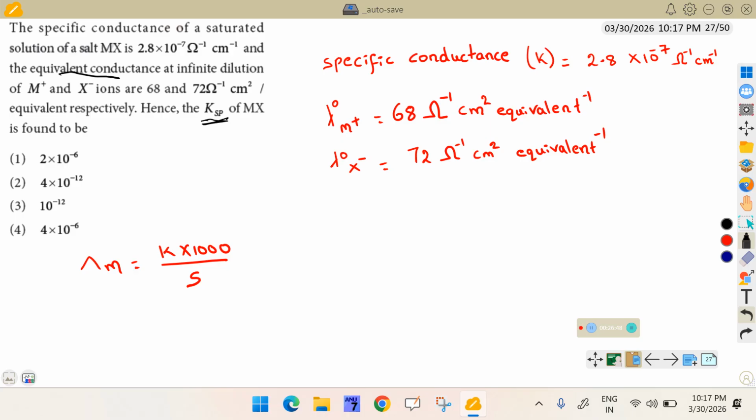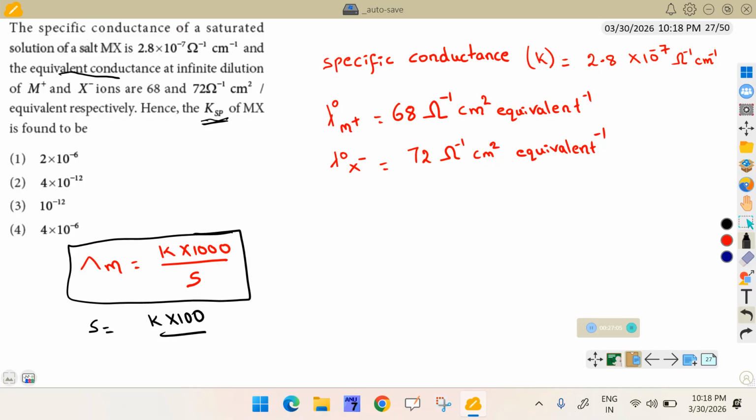Calculate the value of Ksp. First calculate the solubility. Molar conductance is equal to k into 1000 by solubility. Solubility is equal to k into 1000 by capital lambda M. Since equivalent conductance is given, according to Kohlrausch law, molar conductance is equal to the sum of the equivalent conductances. So 68 plus 72, that is equal to 140.